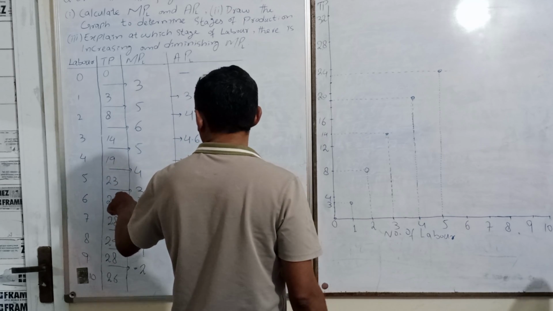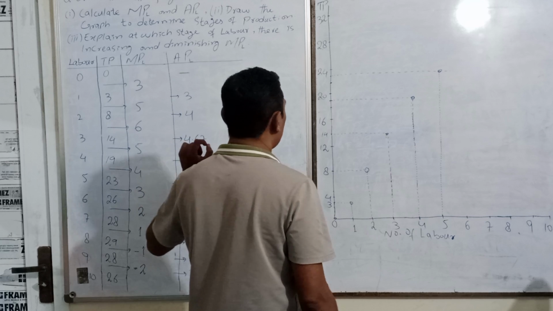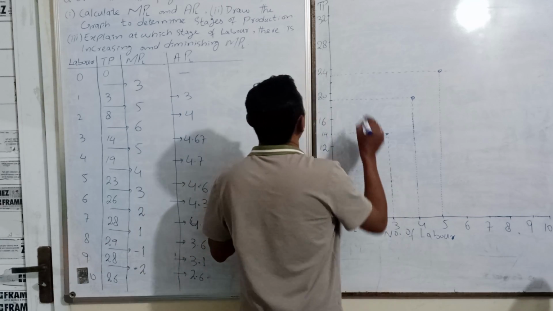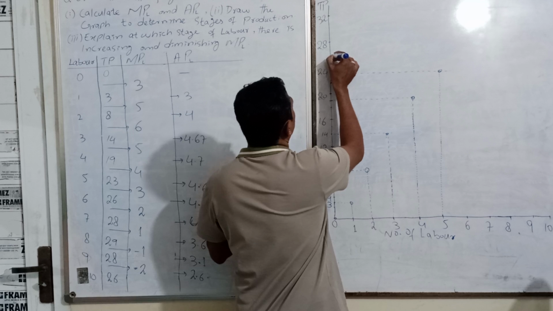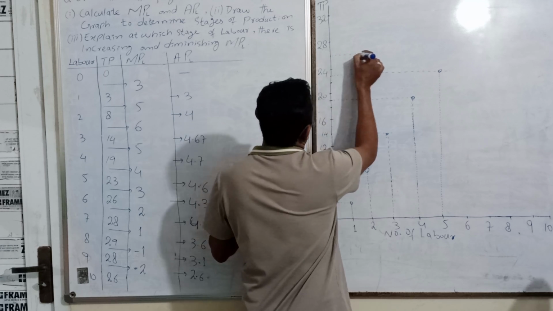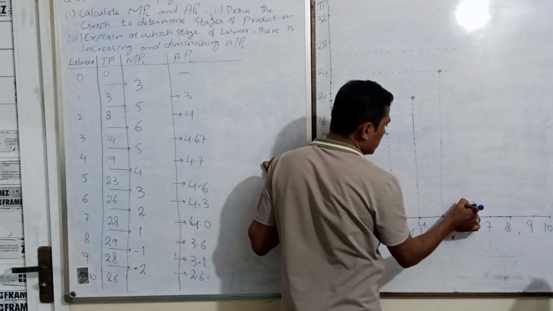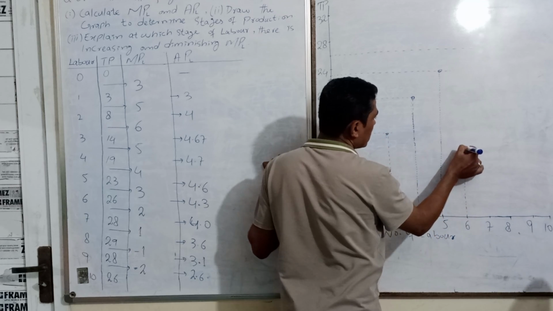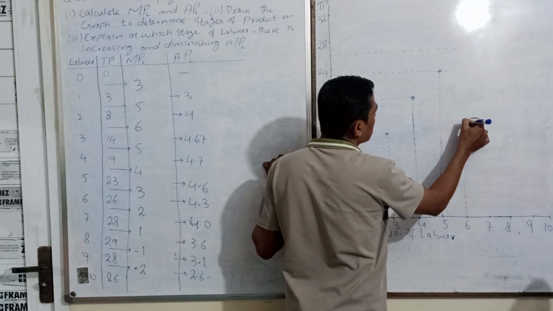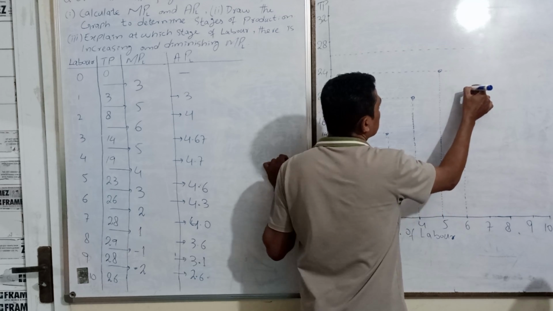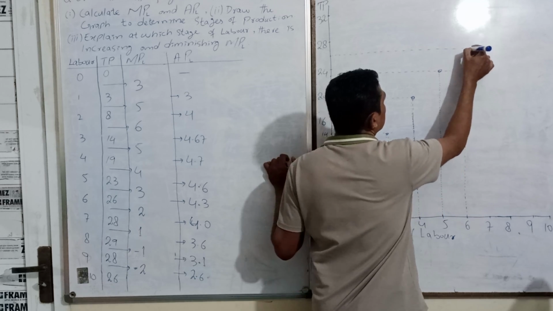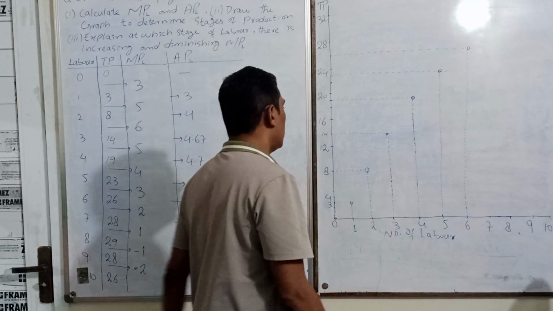We have plotted 23. Now the sixth unit of labor is 26. 26 is the middle of this one. So this is 26.